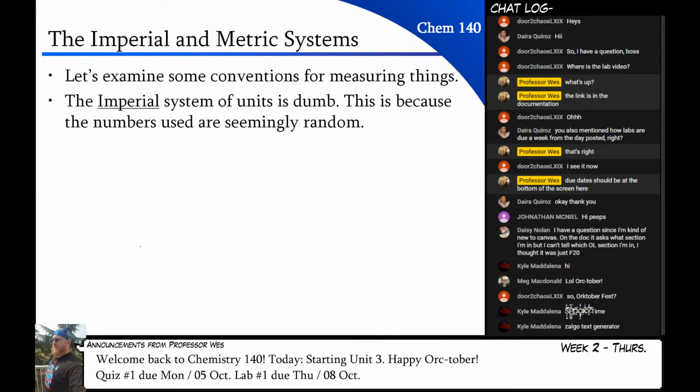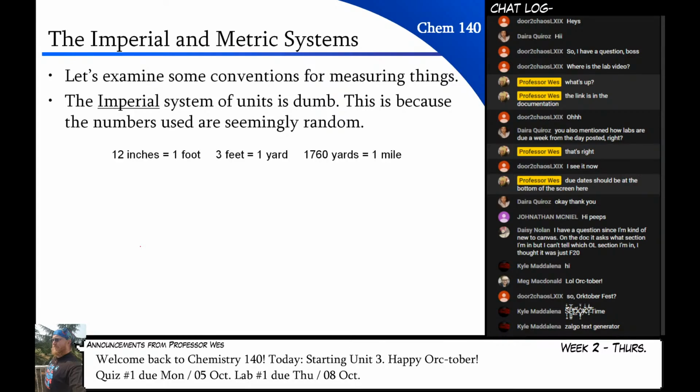This was probably the best thing the British could have done to screw over America hundreds and hundreds of years ago. And so the imperial system used to be used by the British Empire. And the numbers that were used in the imperial system are stupid.